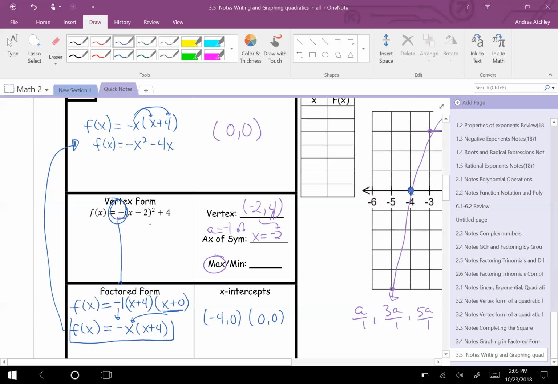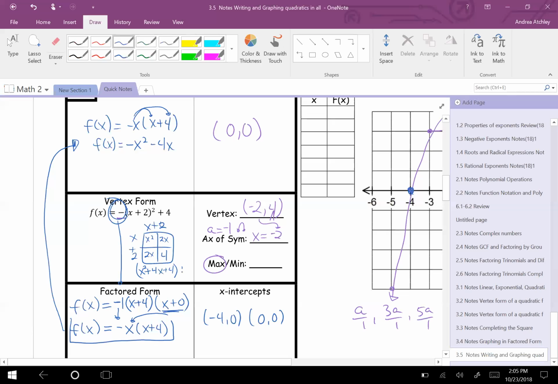When you multiply this out, x plus 2 and x plus 2, right? Did a lot of you guys do this? So this is x squared, this is 2x, and 4, right? So this became x squared plus 4x plus 4.